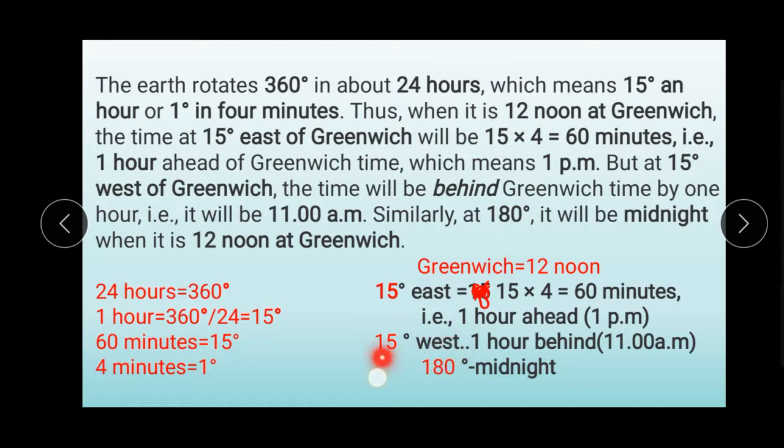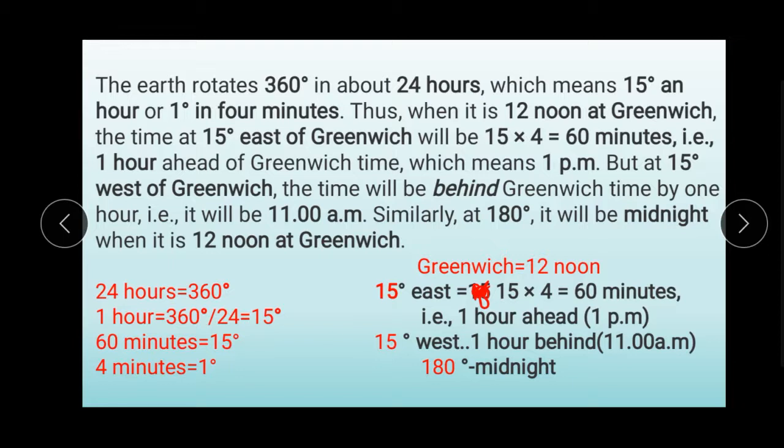Then 15 degrees west is 1 hour behind. We have to reduce. So at 15 degrees west, what is the time? 11 a.m. Okay, children. And at 180 degrees, it will be midnight. When Greenwich is having 12 noon, at 180 degrees, what is the time? It will be midnight. So understood, children?